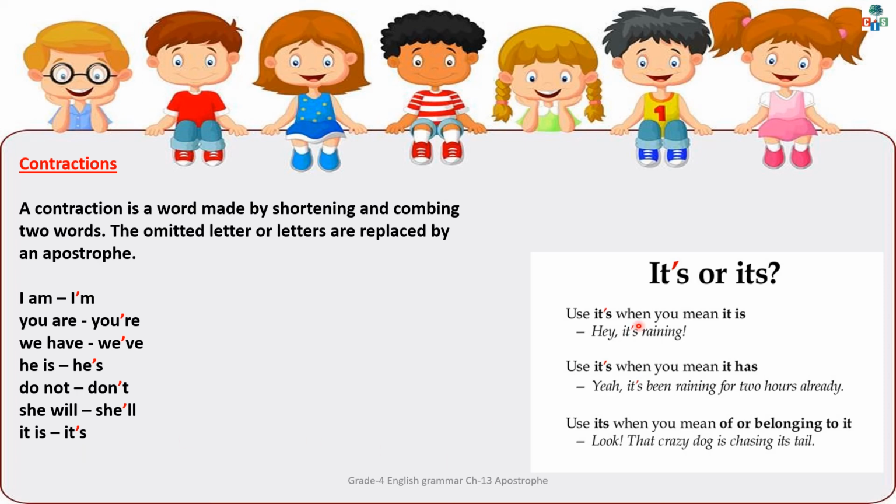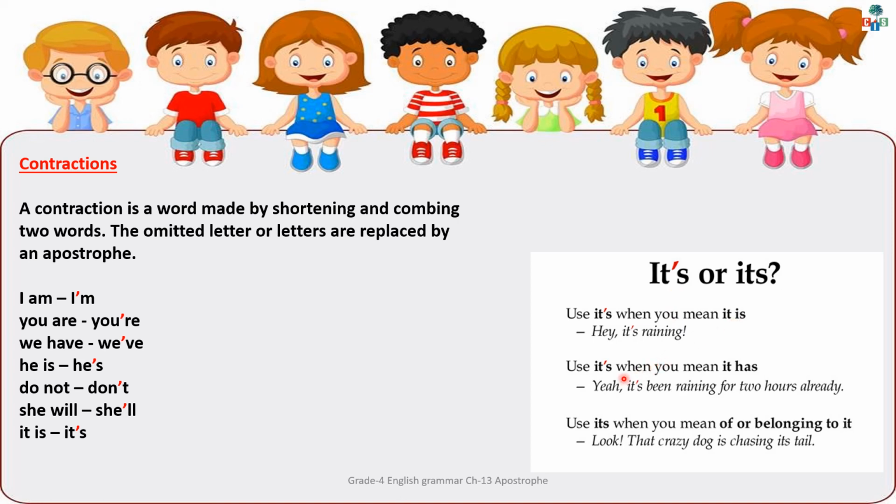Now let's see children the difference between its or it's. When it's is used with an apostrophe mark, it means it is. For example, hey, it's raining. It's raining means it is raining. So, whenever it's is used with an apostrophe mark, it means it is.